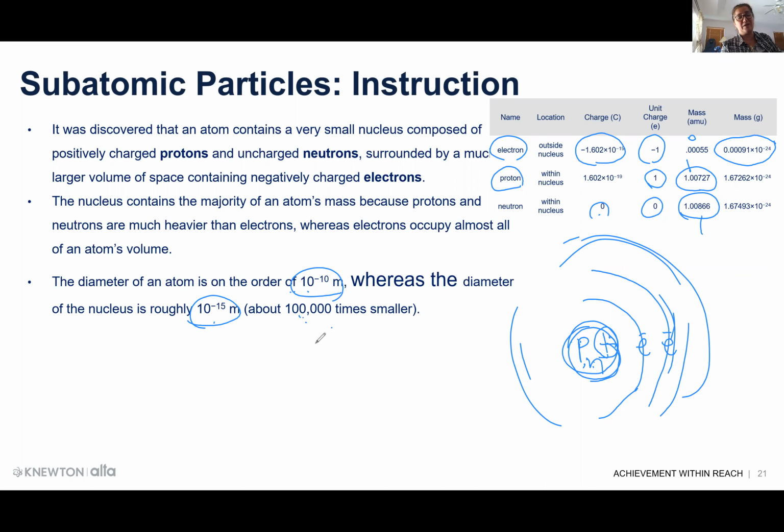So it's very, very small. It's like you have a baseball field, and you have a baseball in the center. That's the nucleus, and the baseball field is the area of the atom.